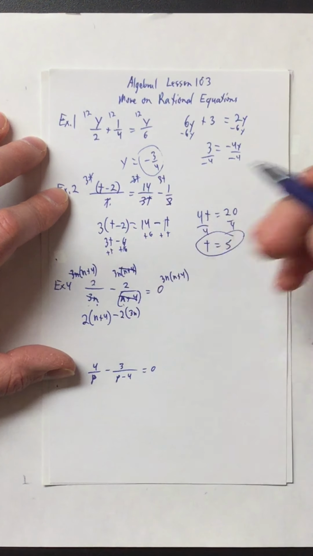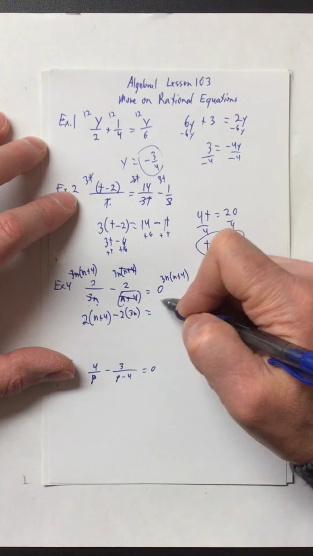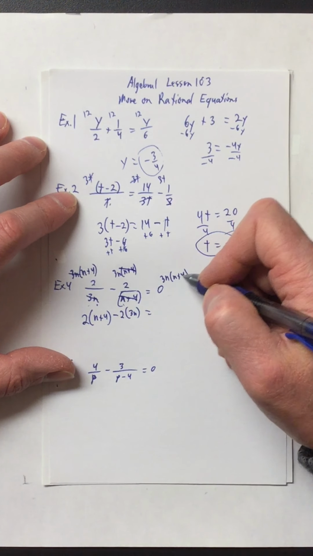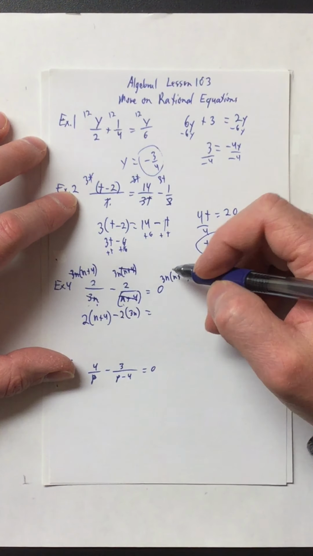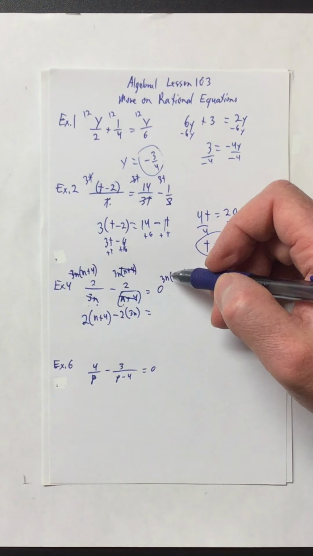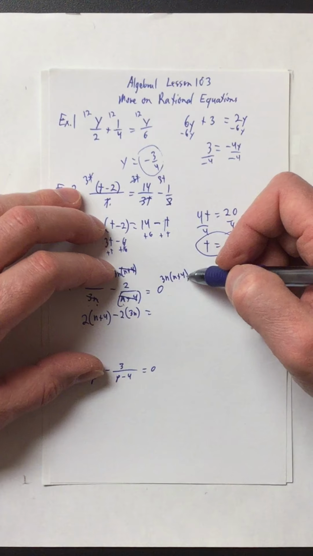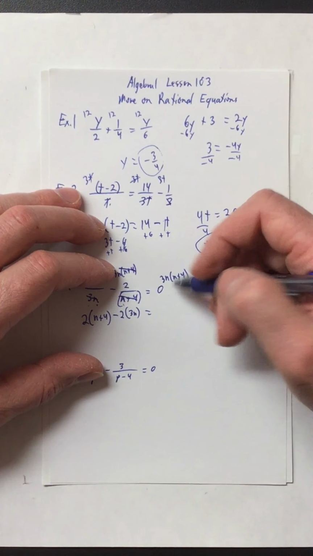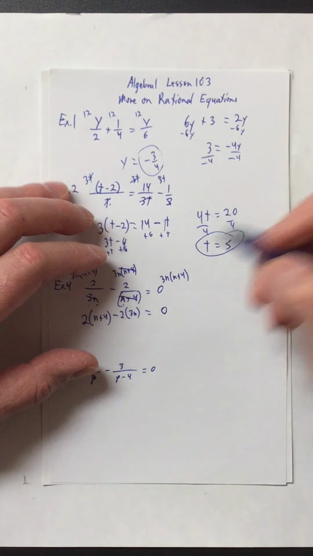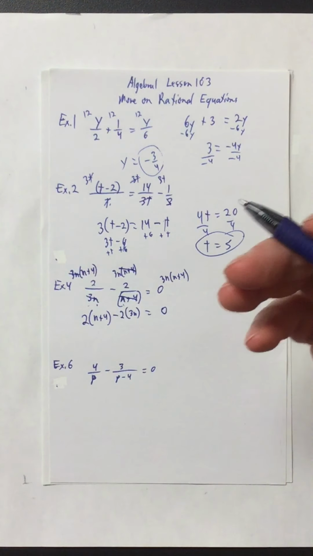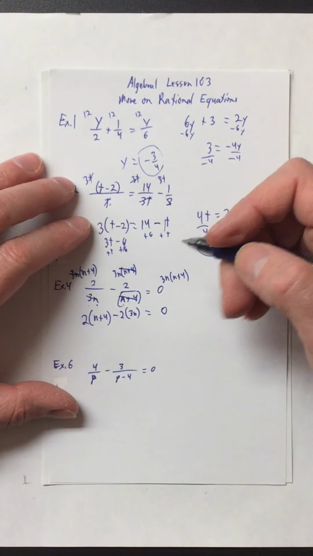Then equals, I have no denominator here, so everything stays. However, this is tricky. 3n parentheses n plus 4 times 0 is 0. If there was a 1 there, the whole thing would stay, but since it's 0, the whole thing disappears.